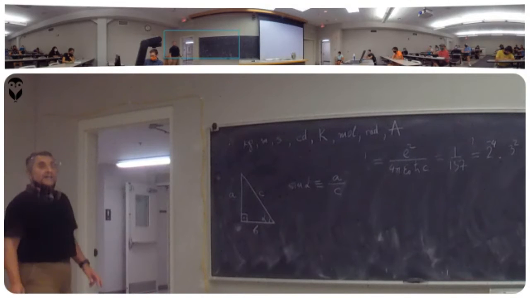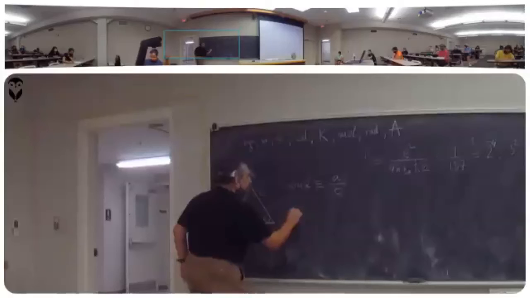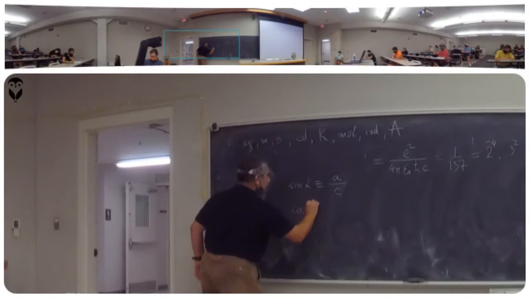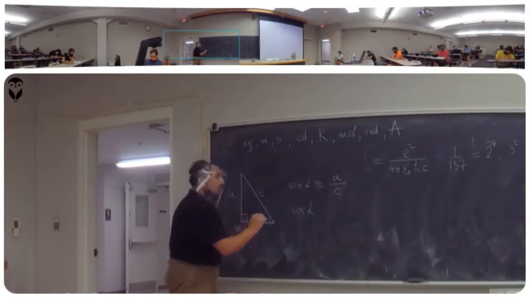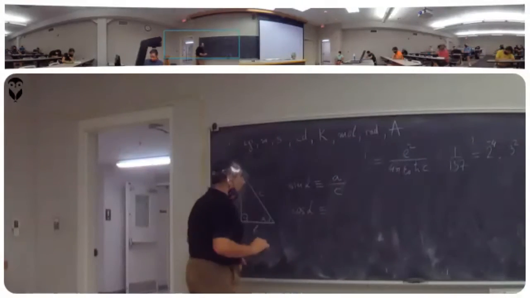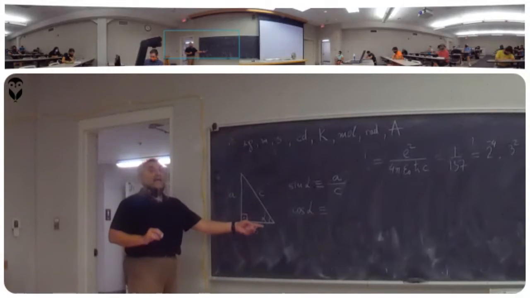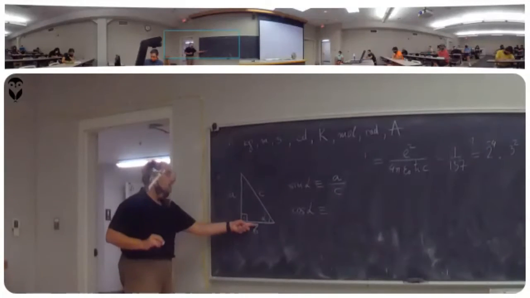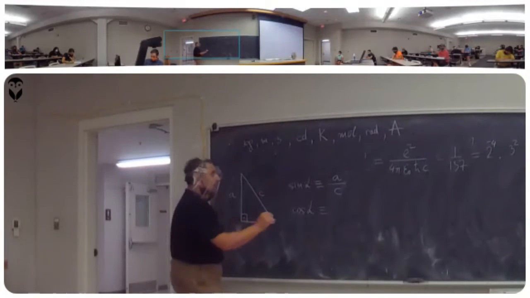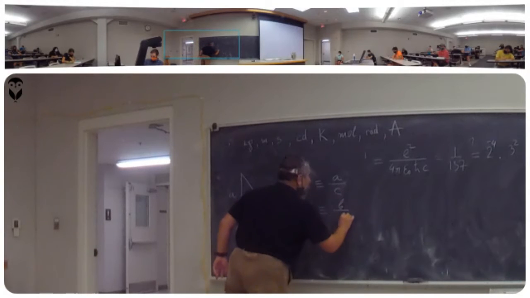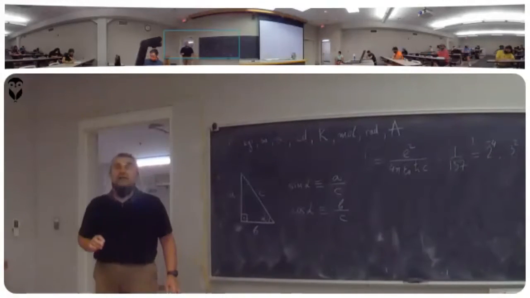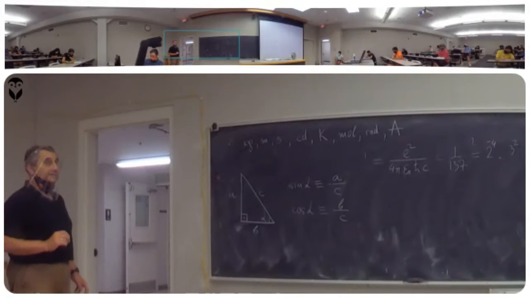Okay. In a similar manner, you define cosine of that angle alpha as the ratio of the side adjacent to the angle, here side B, divided by the length of the hypotenuse again.